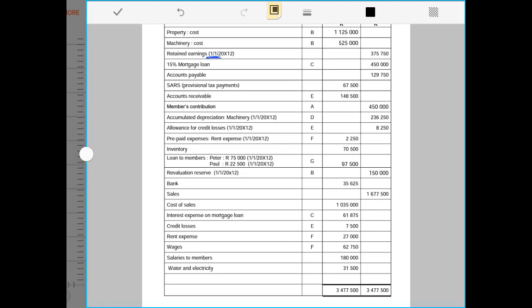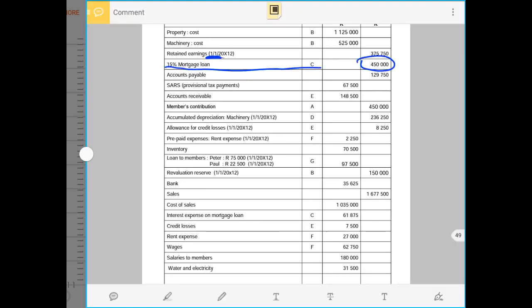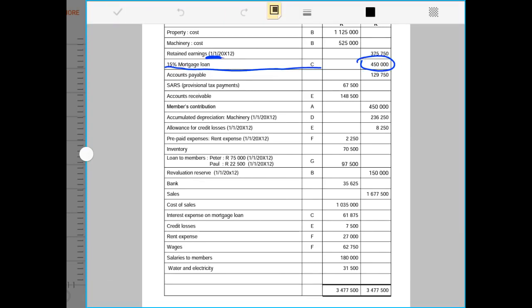Take note of that. We also have a loan that bears interest at 15% per annum, and that loan is sitting at 450,000 rands. We have, very importantly again, the SARS provisional tax payment of 67,500.